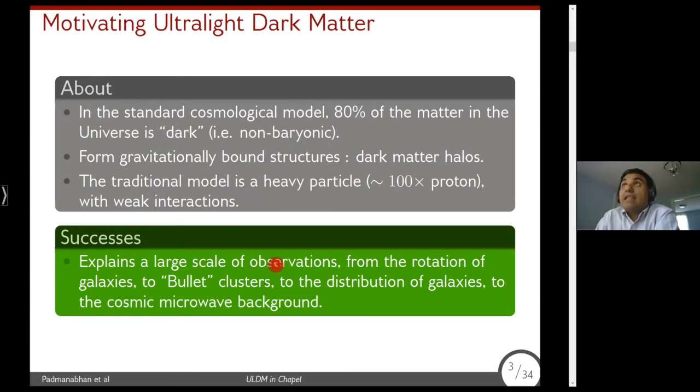And having this 80% of the universe be this non-baryonic, which is basically not stuff that you and I are made out of, dark matter, explains a whole host of these observations.